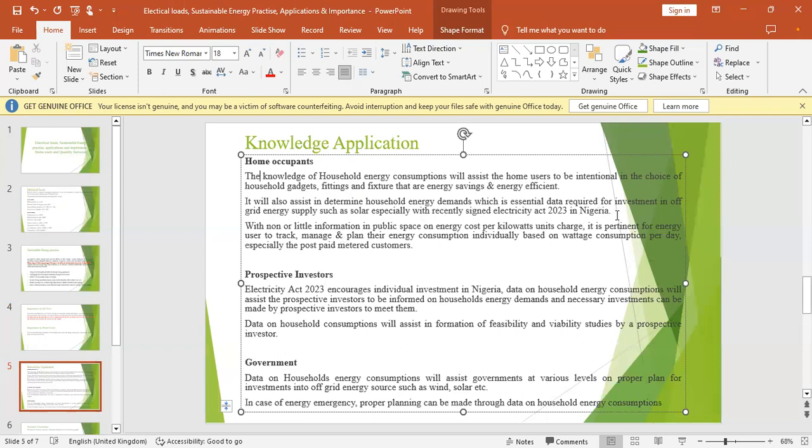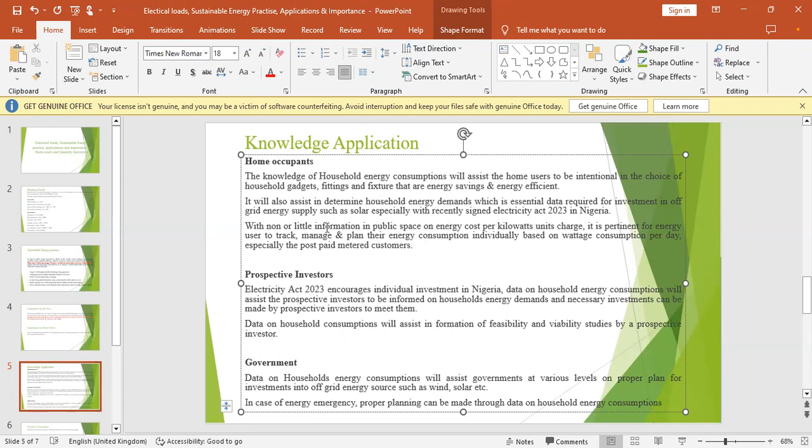It will also help in case the home occupant wants to use another source of alternative energy like solar or wind energy. The energy demand will guide them as to the wattage of energy they will need to generate through solar, especially in Nigeria, which recently signed the Electricity Act 2023, which allows an individual to generate their home power.